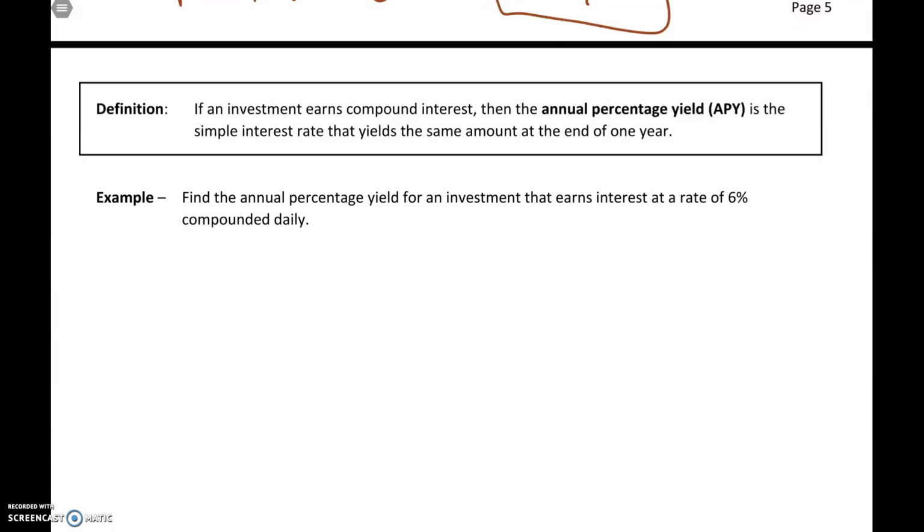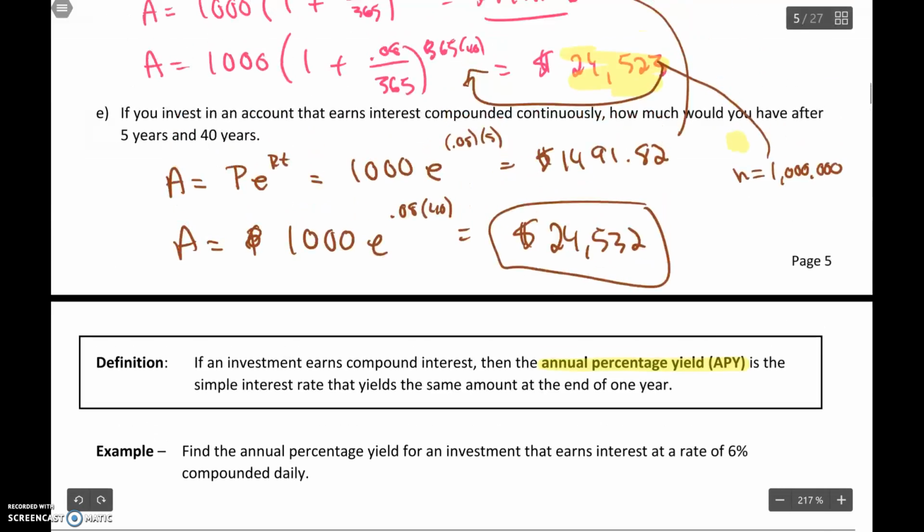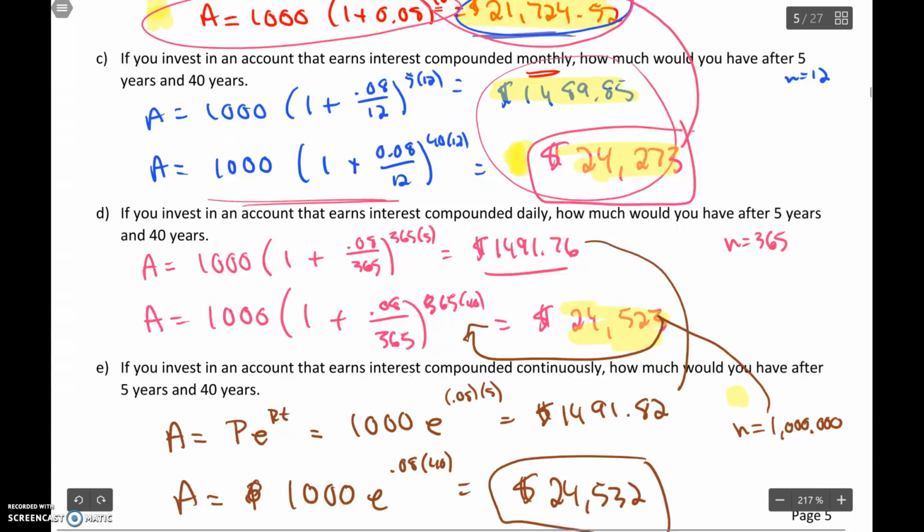So, definition for this last example here: if an investment earns compound interest, then the annual percentage yield, APY, is a simple interest rate that yields the same amount of money at the end of 1 year. So a lot of times whenever I go over these things, kids say, well, gosh, how do you know what your accounts do? Well, I don't know.